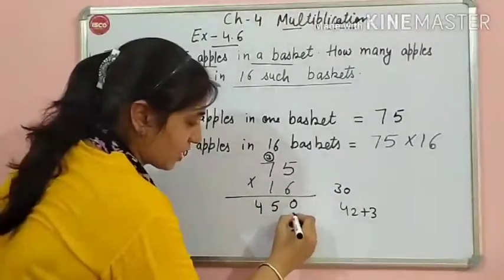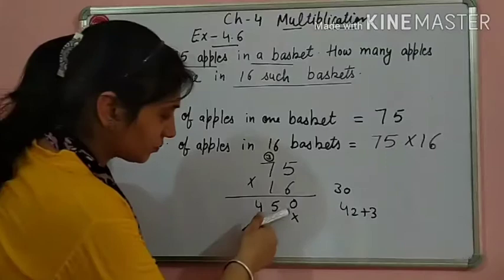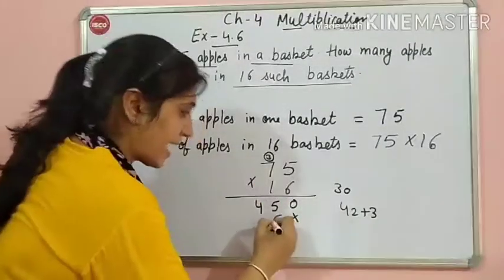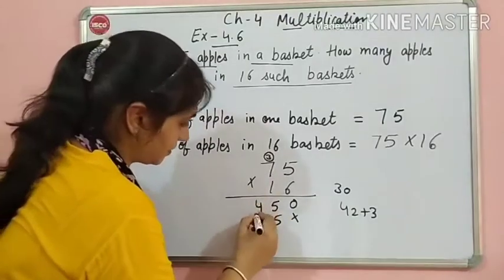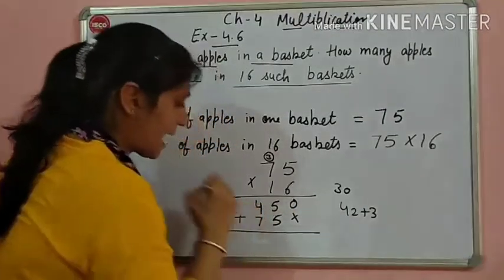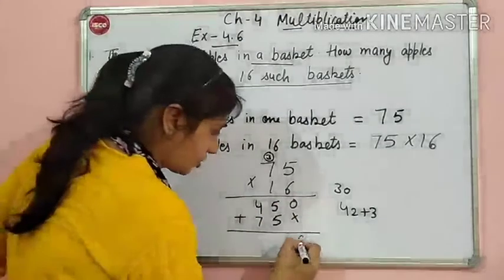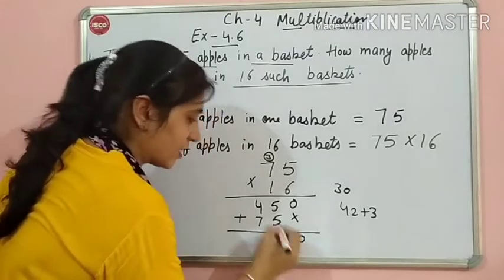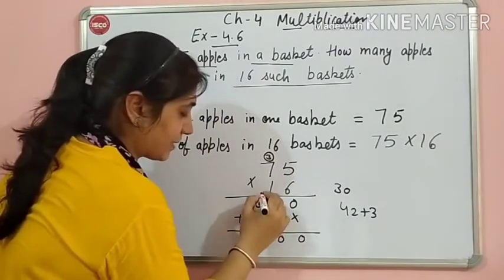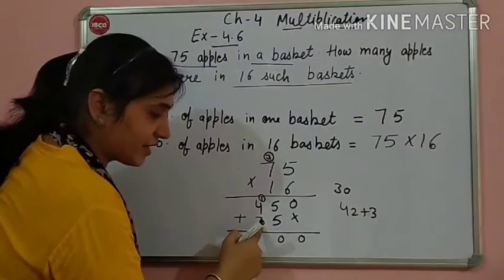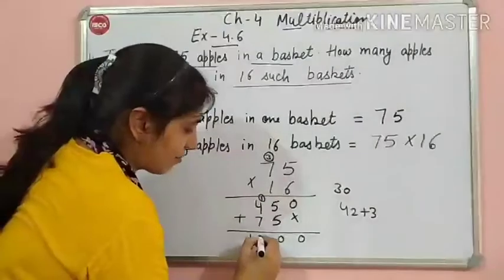So first of all I will put a cross under the 0. Then 1 5s are 5. 1 7s are 7. To get the result we have to add them. 0, 5, 5, 10. 1 carry over to the next place. 1 and 4, 5. 5 and 7, 12.